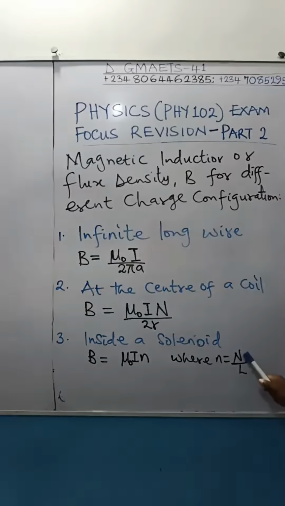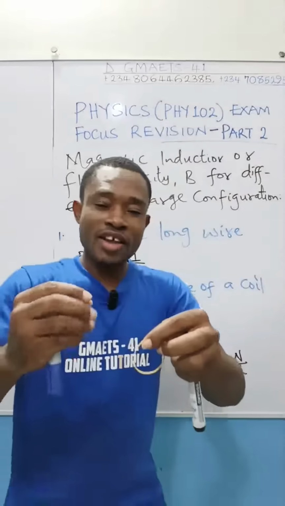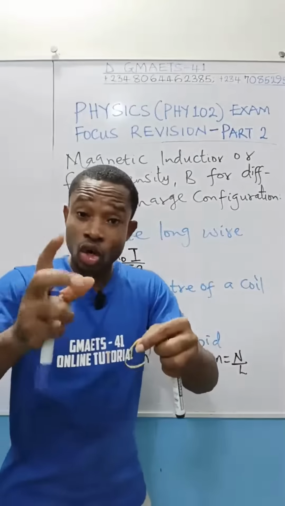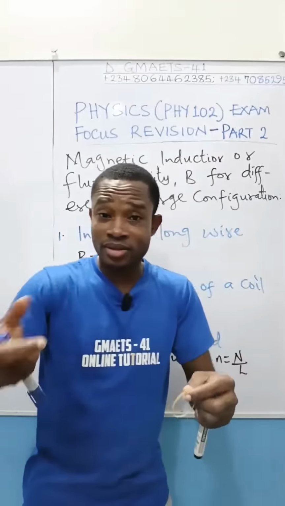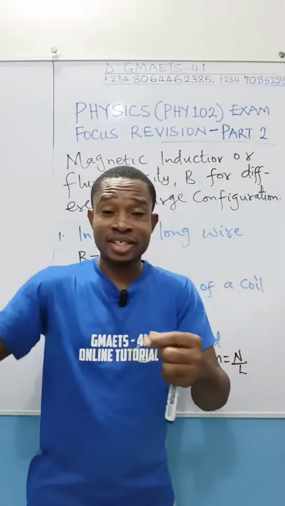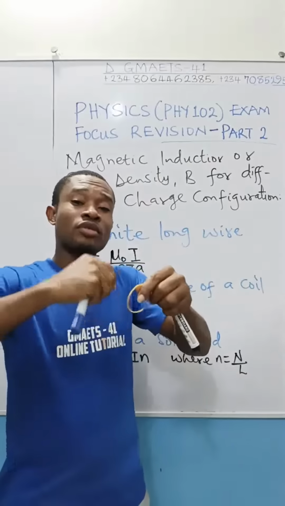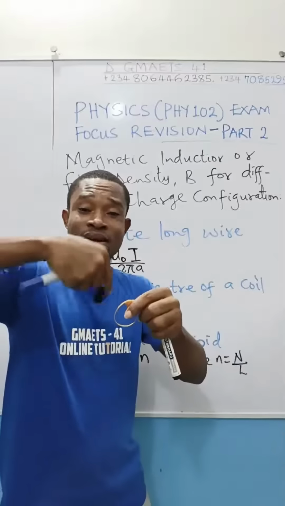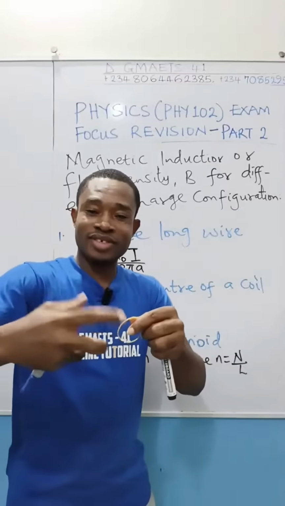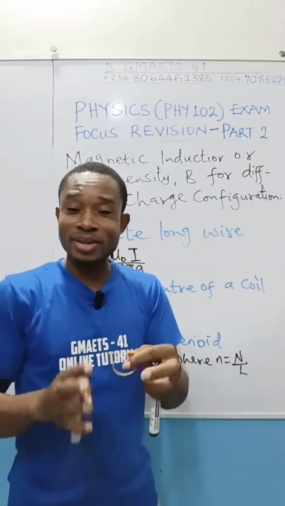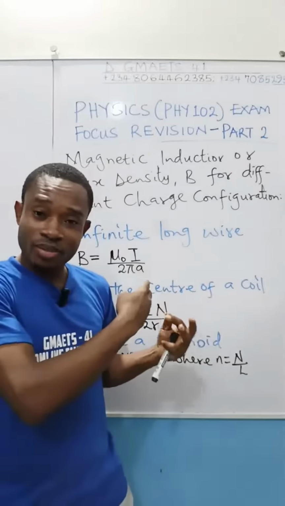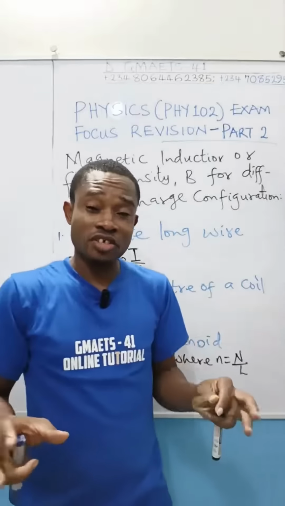So if you're dealing with this small letter n, the number of turns per unit length, you know that a coil, usually the coil you see in your electrical appliances, like in a fan, has a number of turns of wire around it. If you take the video lesson on that, we introduce the concept of magnetic induction for different charge configurations.